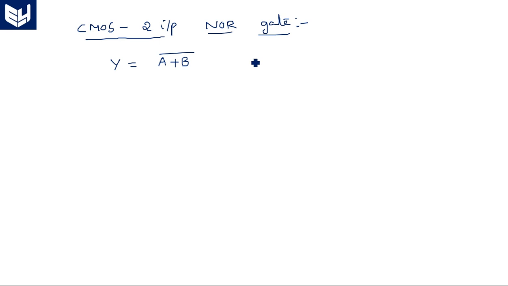Here remember one thing: for plus realization, PMOS transistors should be connected in series, and for plus realization, NMOS transistors should be connected in parallel.